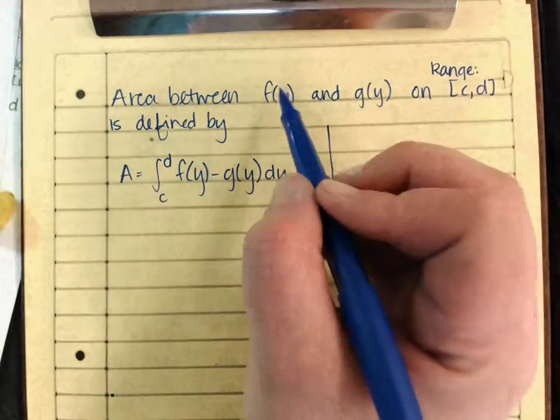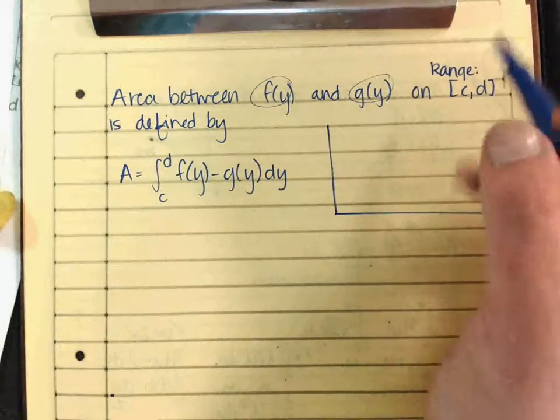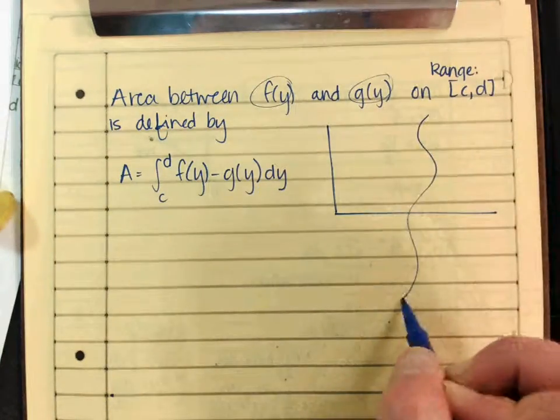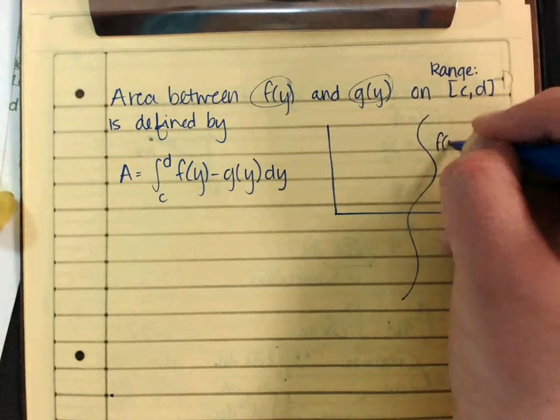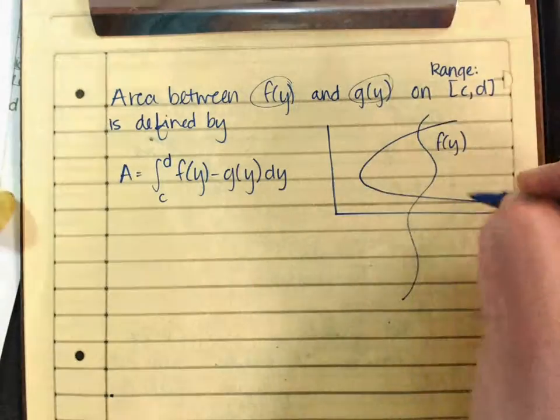So if your functions are f of y and g of y, that means that they're with respect to y. So instead of passing the vertical line test, they're going to pass the horizontal line test. So we'll say that's f of y, and then let's say that this is g of y.